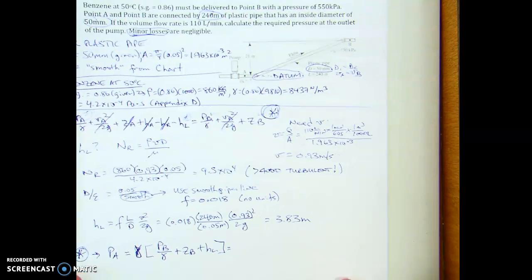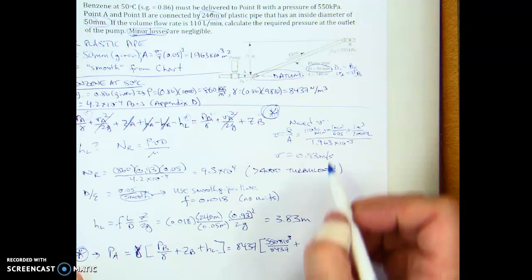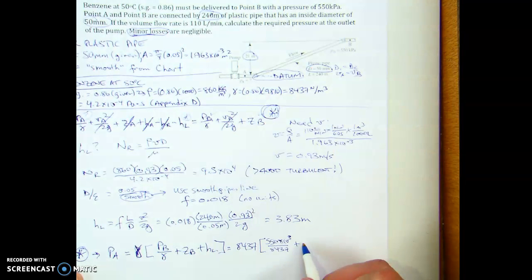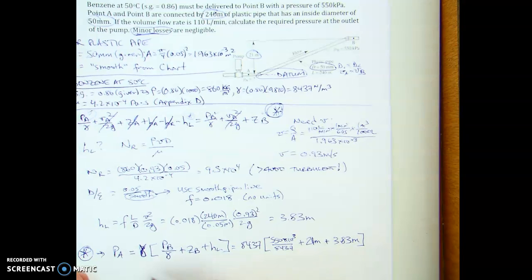So that will be 8437 outside of PB, 550 times 10 to the 3 over 8437 plus ZB, which was given as 21 meters, plus 3.83 meters, and we should get PA is equal to 759 times 10 to the 3 pascals. How's that? Hopefully that works for you.